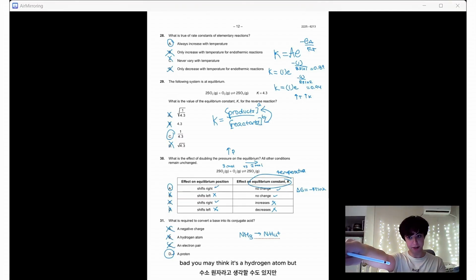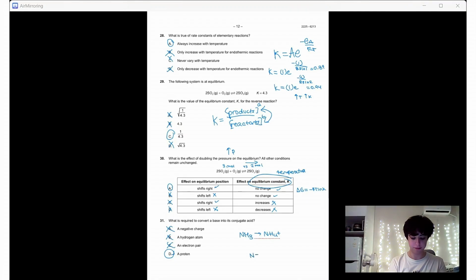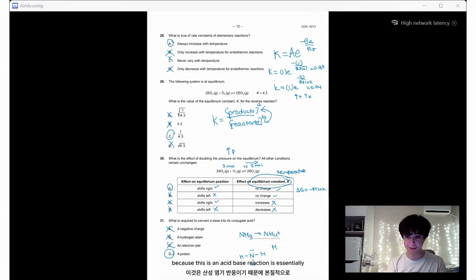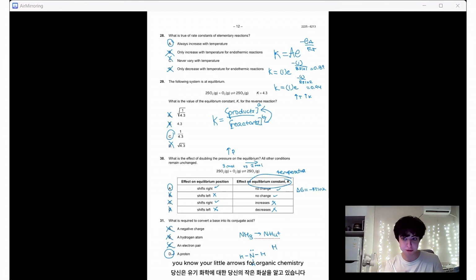Bad. You may think it's a hydrogen atom, but in NH3 you have the lone pair, and then you have H. But it's not H, because this is an acid-base reaction. It's essentially your little arrows for organic chemistry, nucleophile to electrophile. This is just that.